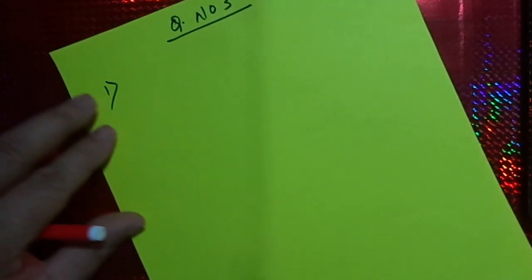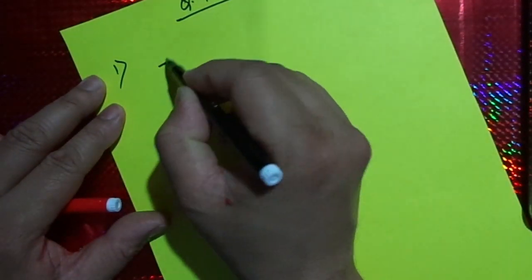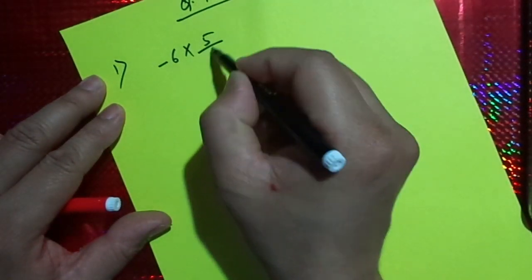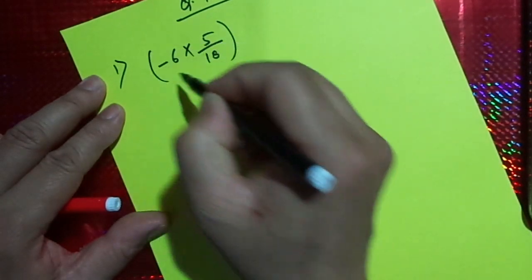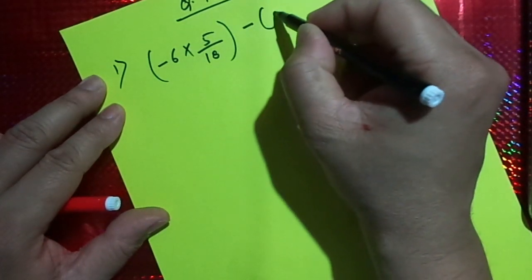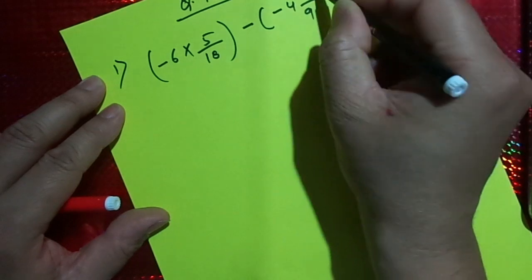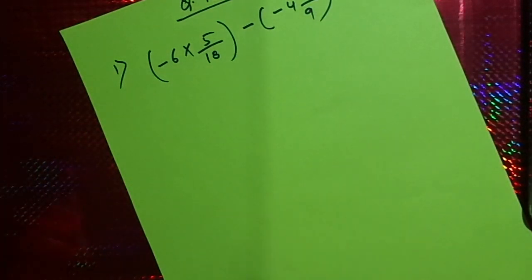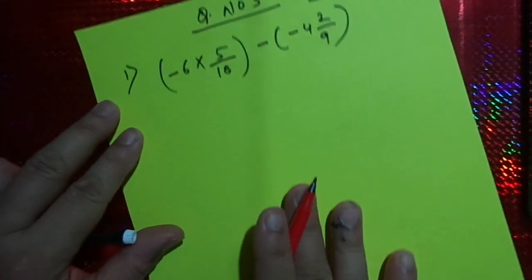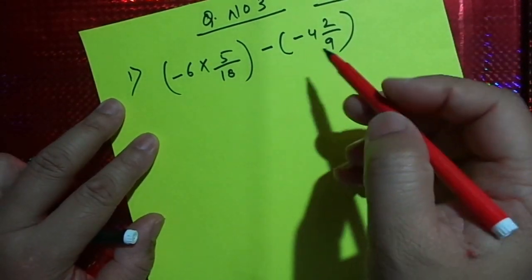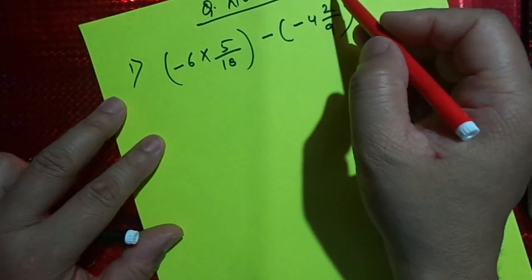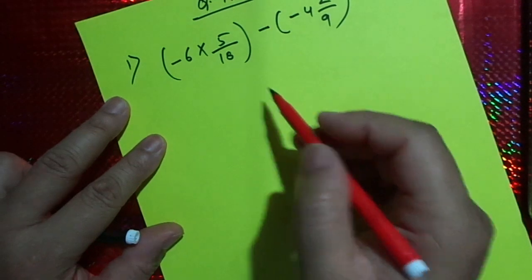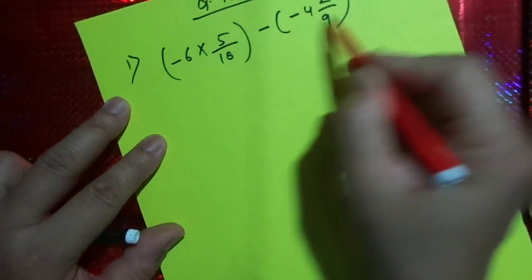When you come to question number 1, I have minus 6 into 5 by 18 and minus 4 2 by 9. As you proceed, we need to follow the BODMAS rule, in which we shall be solving this bracket first.